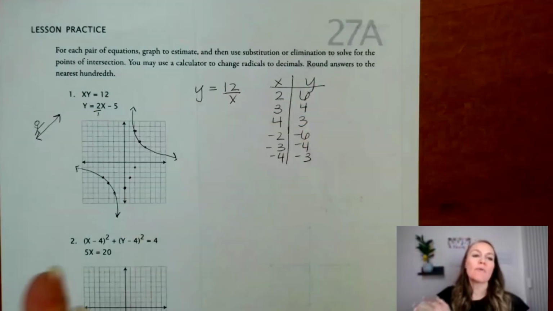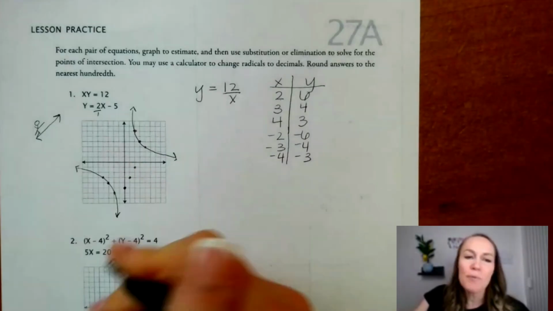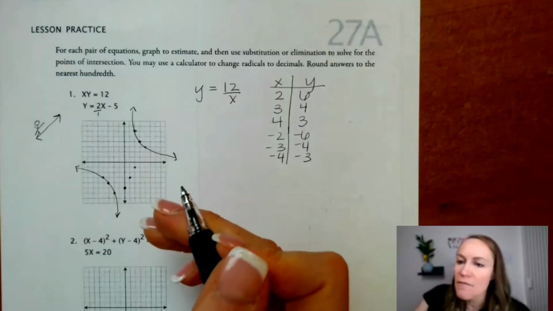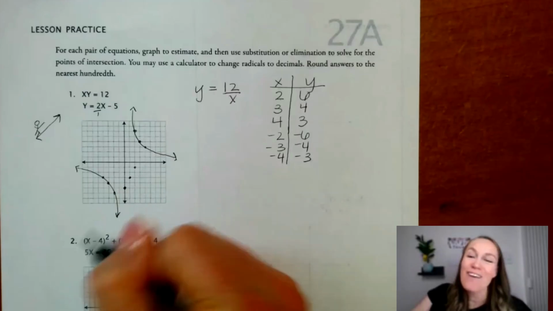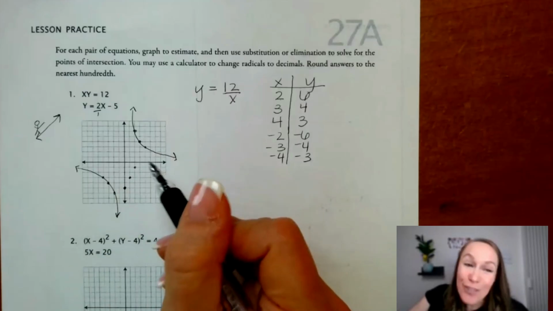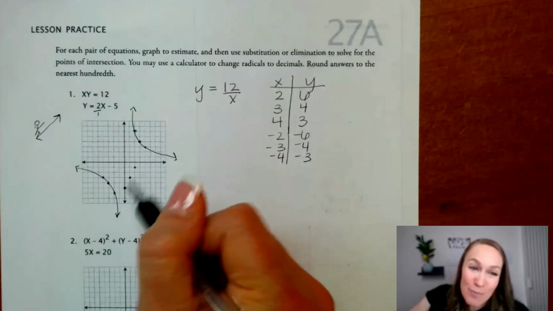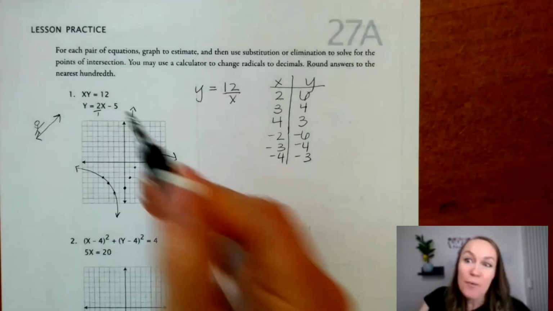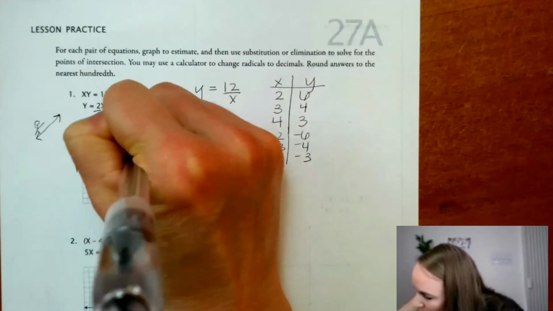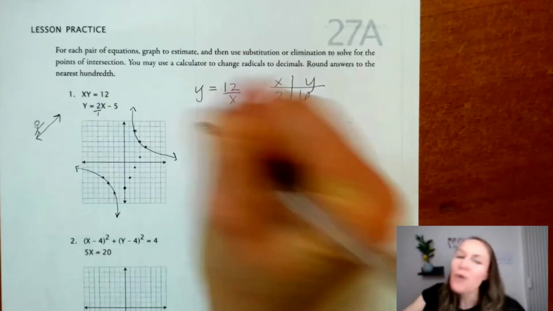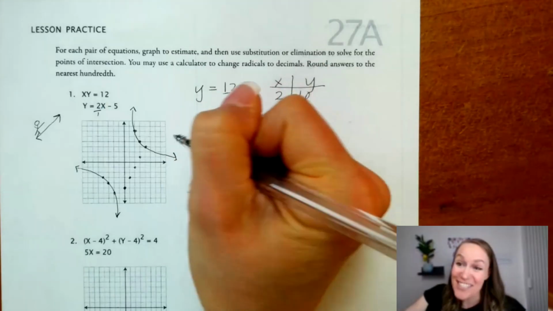And normally, if I were just graphing this line, that would be enough. 3 points, that's enough. I'm done. But because we're looking for the intersection of these two graphs, I really want to know, does one of these points intersect with this? So I'm going to keep going. 2 over 1, 2 over 1, oh. Okay, so one of the points intersects. Very good.